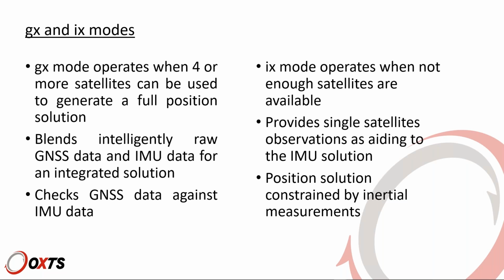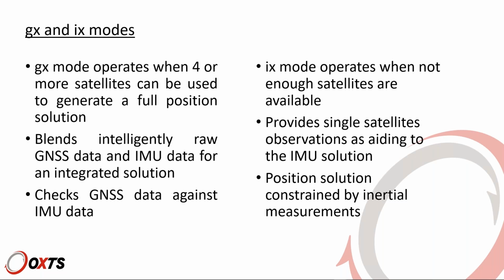The way it works is by providing single satellite observations as an aiding. Since you do not have enough satellites for a full position solution, you can still use, thanks to IX mode, single satellite data as an aiding to the IMU solution. Pretty much as if you were using a wheel speed sensor, for example, that would help the IMU velocity solution, you can use single satellite data as an aiding to the IMU.